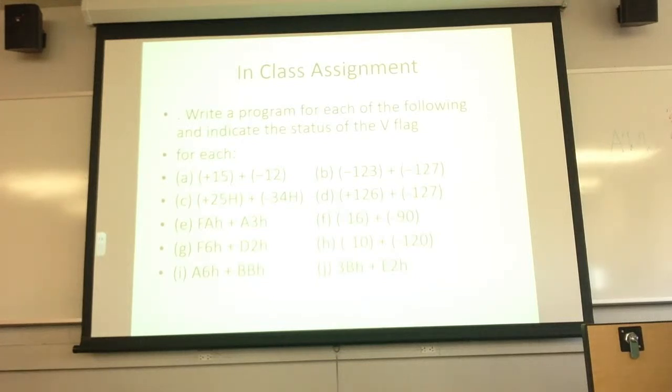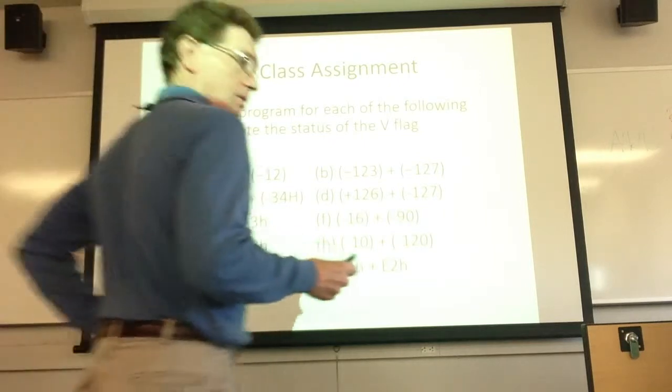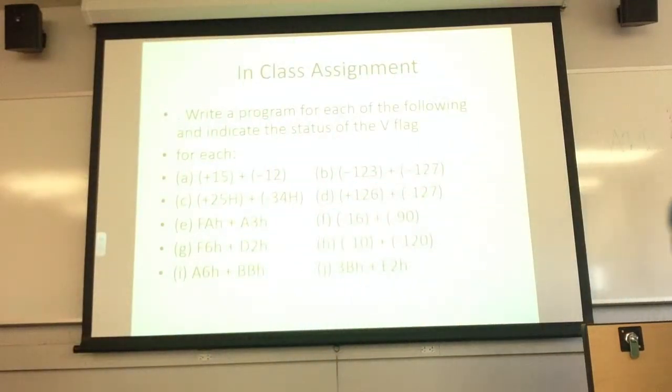I want you to do it by hand. When you're given the decimal numbers, you have to convert them to their two's complement. Use the calculator, whatever, but I want you to work it out by hand. And tell me what happens to the V flag and the N flag. 15 is 1111 in binary. Well, it's 8 bits, so 0000 1111.